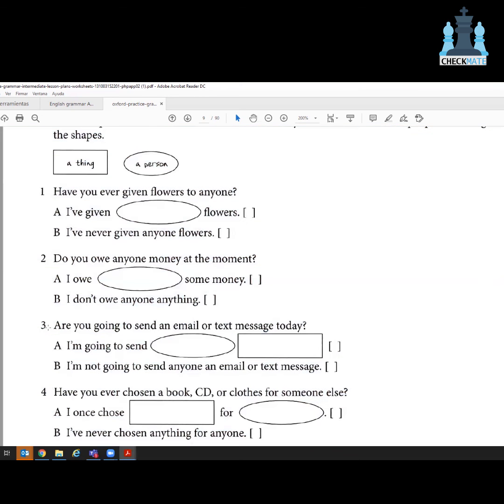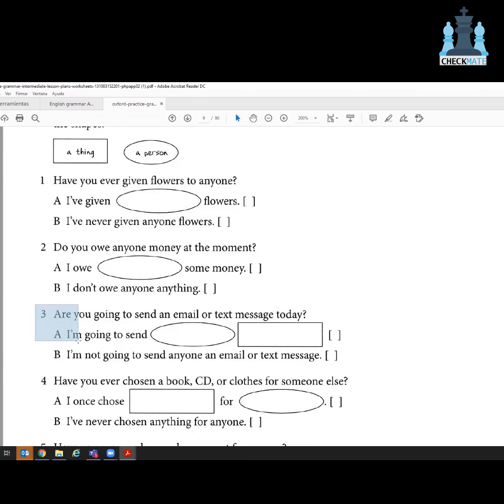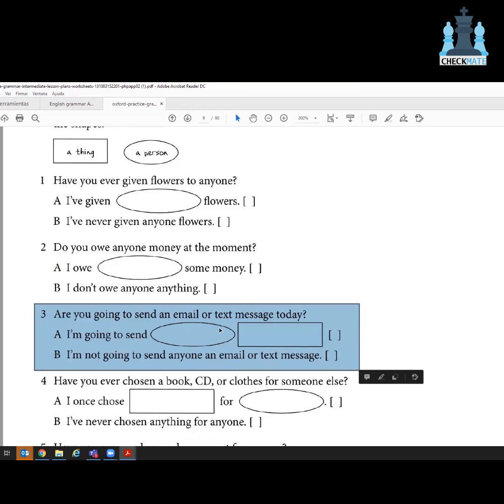Chiquita. Are you going to send an email or text message today? To send. Remember that the circle is direct and the square is indirect. I'm going to send Oscar a message.